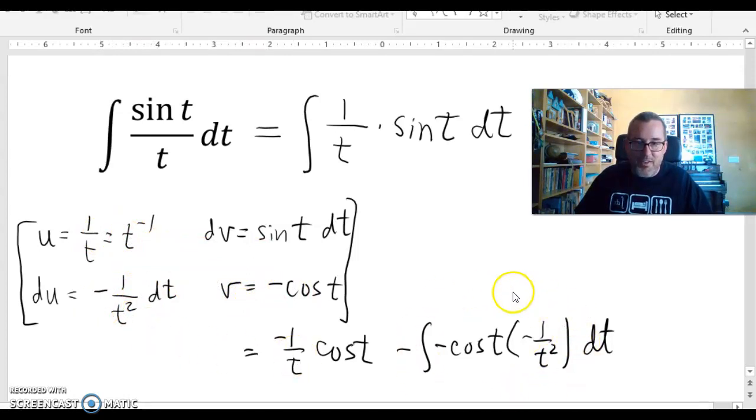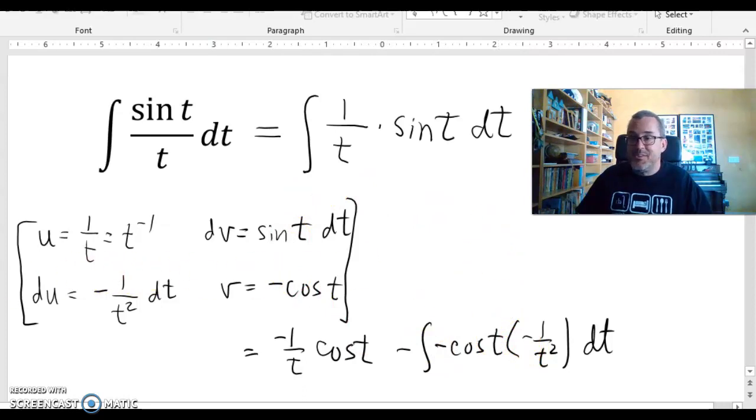The integral of v du is going to give you a cosine t times 1 over t squared. Where we started with sine t times 1 over t, we now have cosine t times 1 over t squared. In fact, this integral in the integration by parts is getting worse, and if we just tried to keep going, it's not going to go.